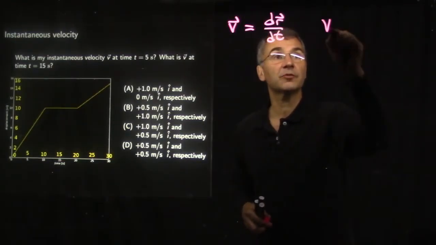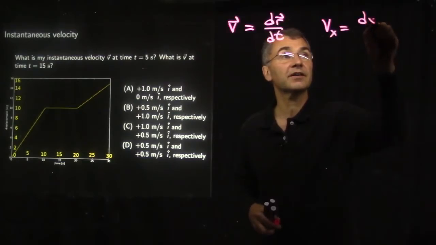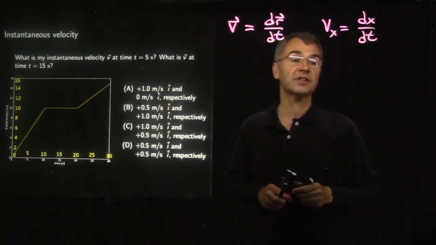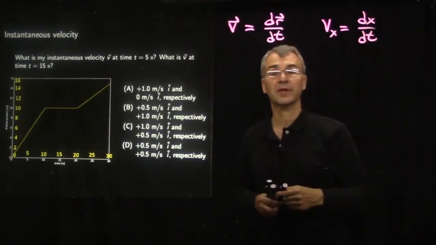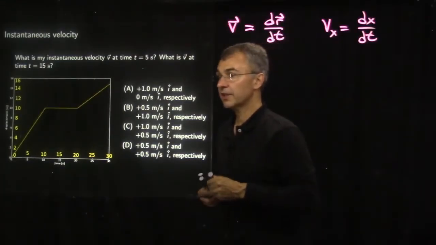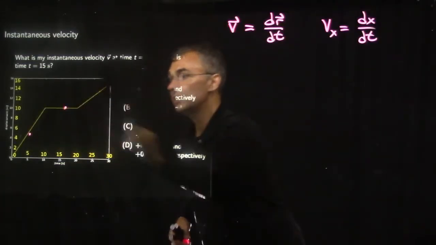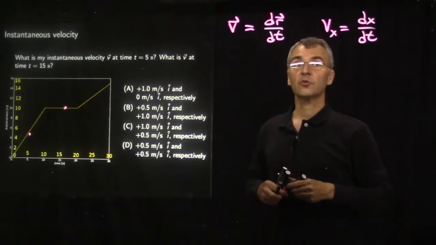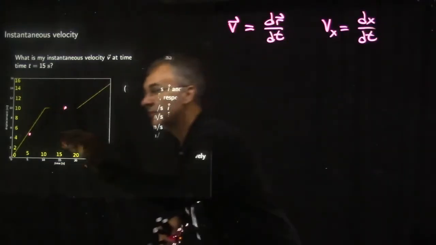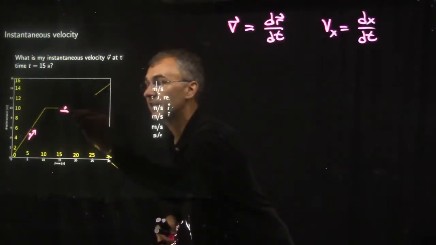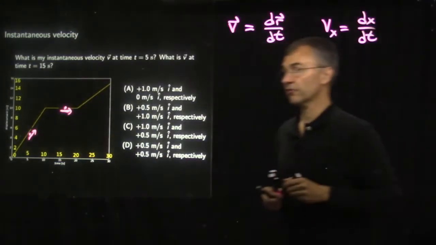So in fact, v sub x is dx by dt. So if you want to know what is my velocity in the x direction, it's just dx by dt. So at time 5 seconds and at time 15 seconds. So what is dx by dt here? It would be that slope. And what is dx by dt here? It would be that slope.